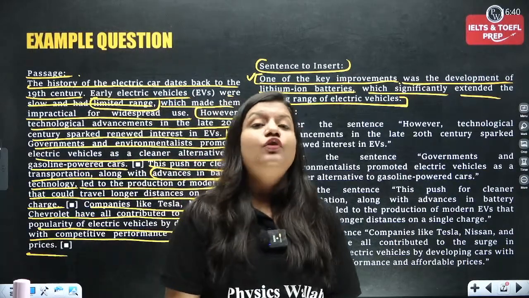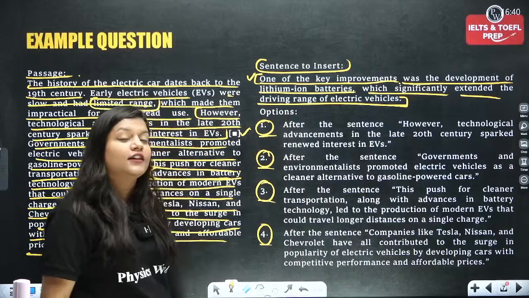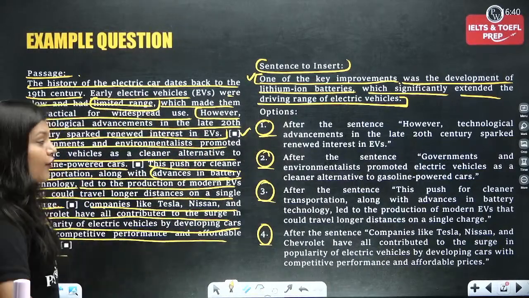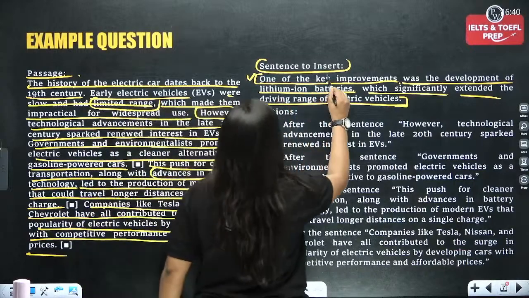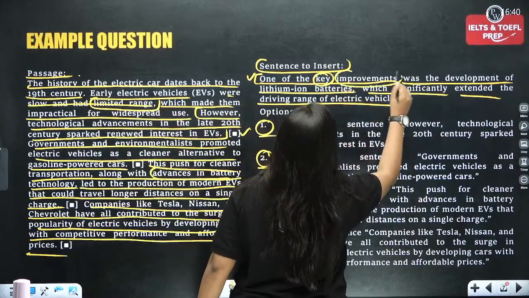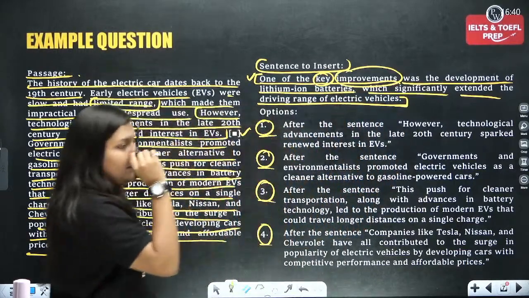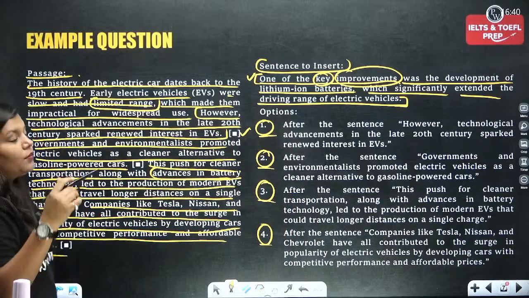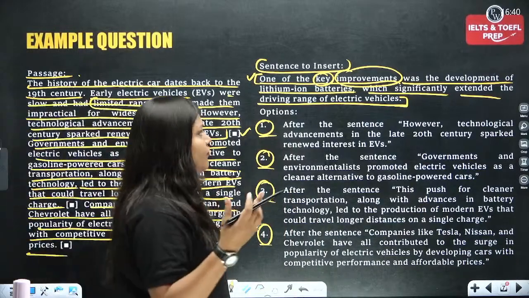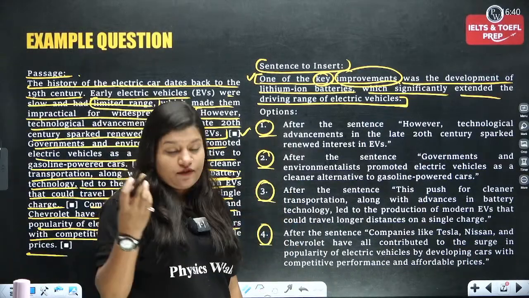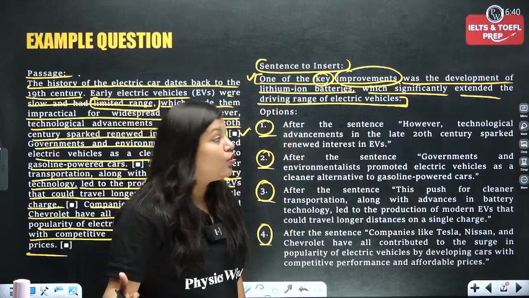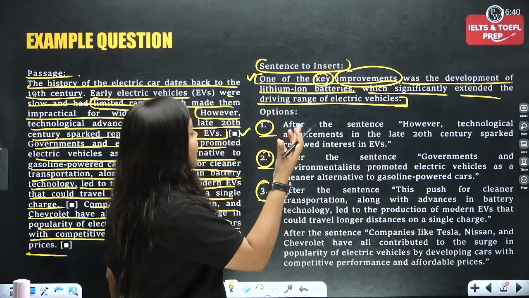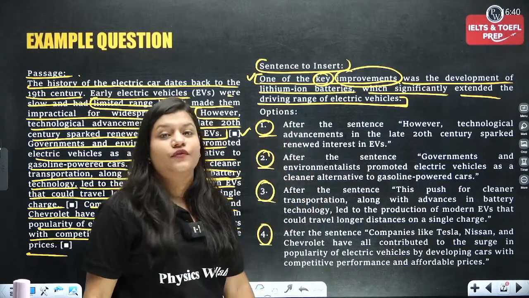Now, if you have noticed, we have got our answer way before, okay? If you can just have a clear look over here at what it is talking about, one of the key improvements was the development of lithium-ion battery. What would have happened if the development of lithium-ion battery was already improved, which significantly extended the driving range of electric vehicles?